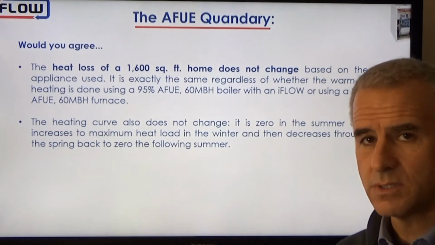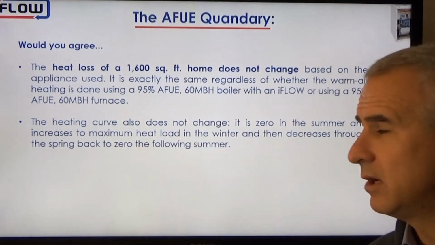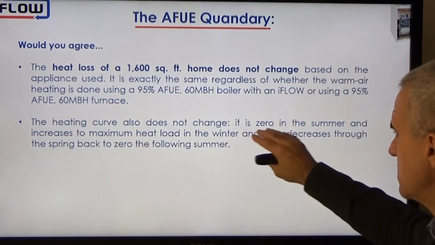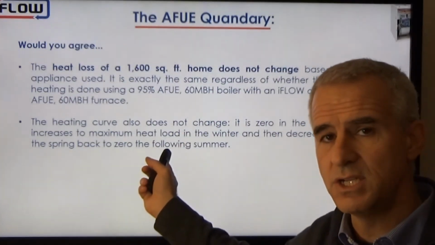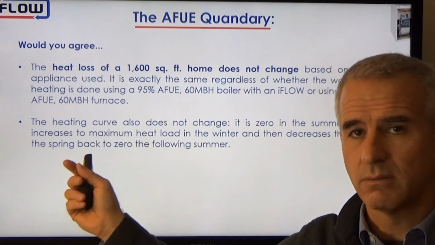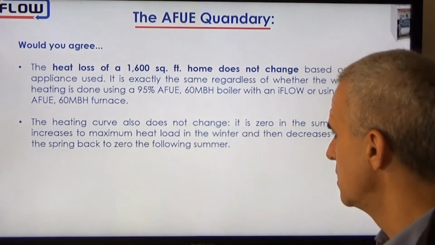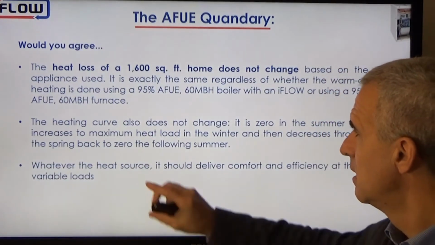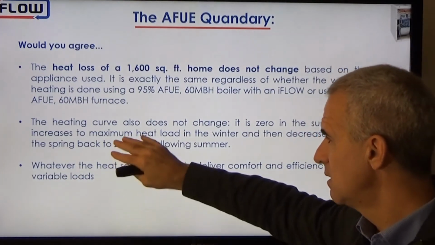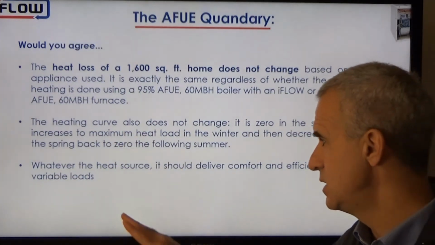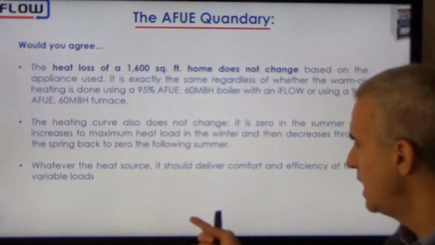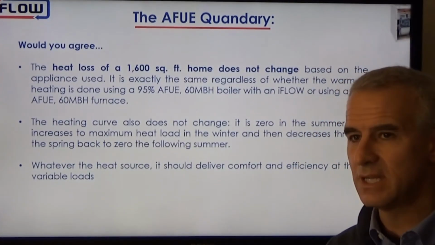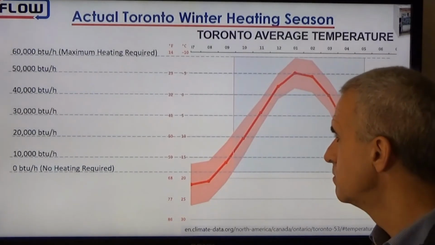The heating curve also doesn't change. We've looked at the heating curve a number of times, right? Again, 0 in the summer and then increases to maximum and back down. That doesn't change either, right? The outside temperature is the outside temperature. So, given that the heat load doesn't change and the outside heating curve doesn't change, whatever heat source we select should be able to deliver comfort efficiently at those variable loads, right?